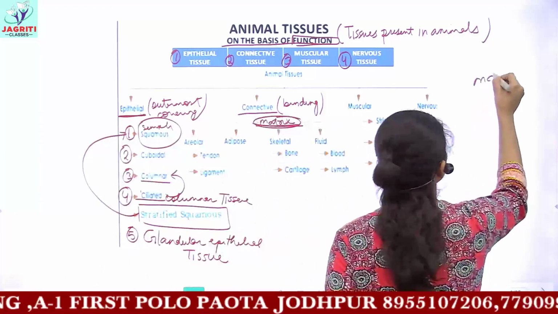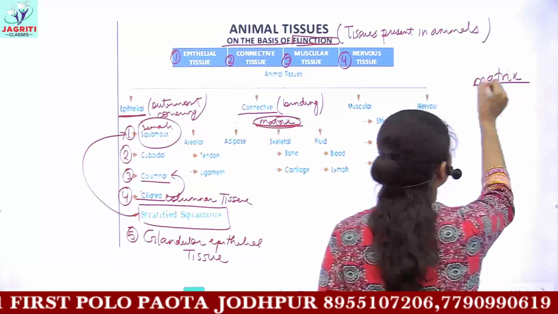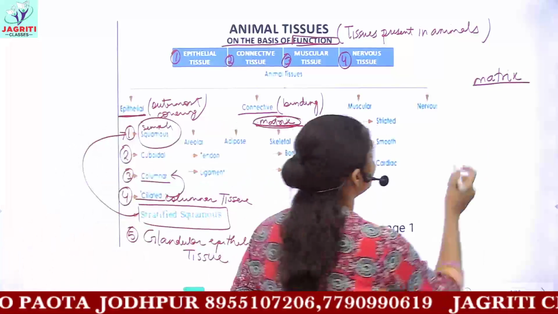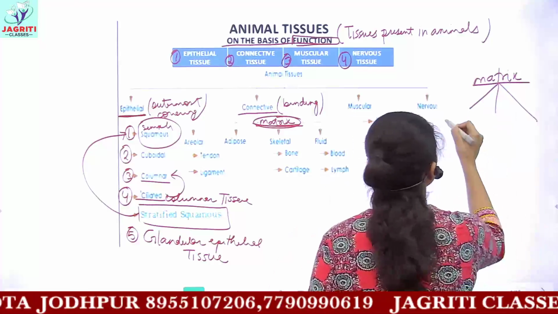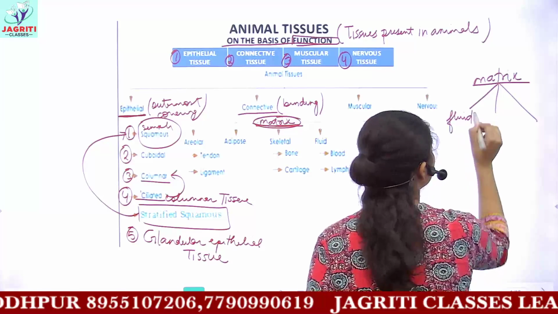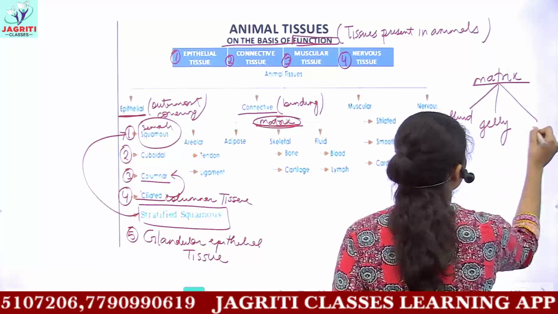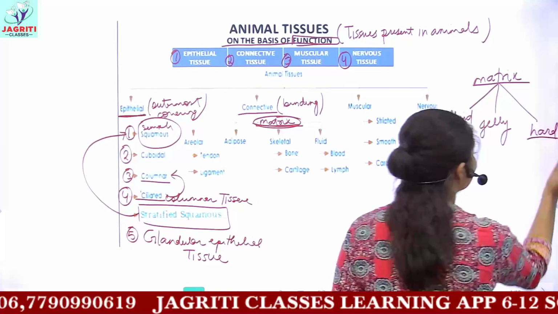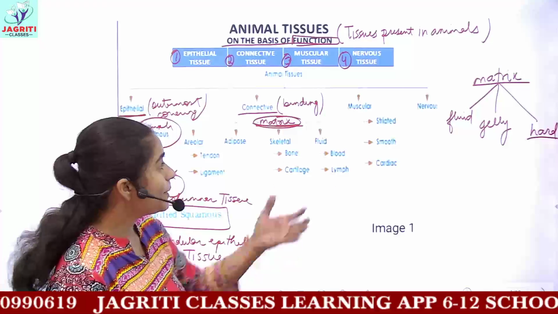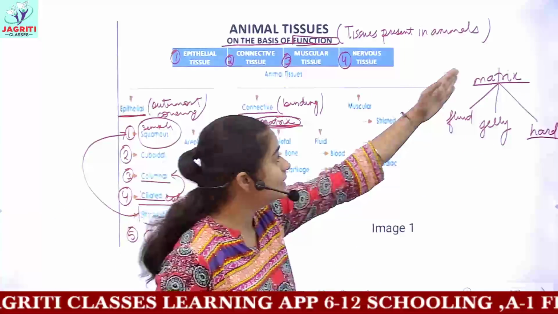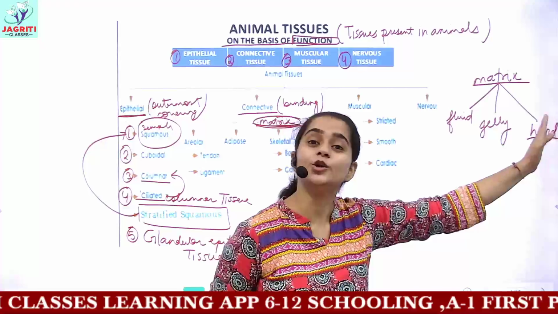If I tell you in short, matrix is the fluid content present inside your tissues, and the matrix can be of various types. It may be in the form of fluid, or you can have a jelly-like matrix, or it may be in the form of a hard solid substance. So matrix is the fluid content present inside the tissue, and this matrix can be categorized into different parts.